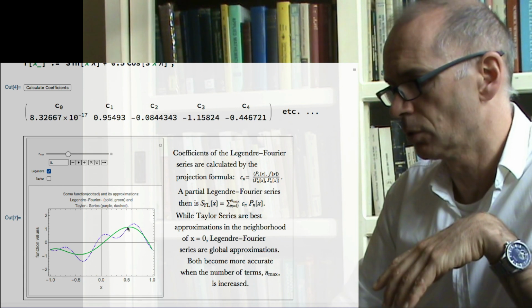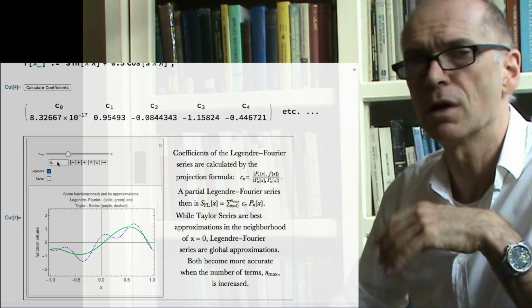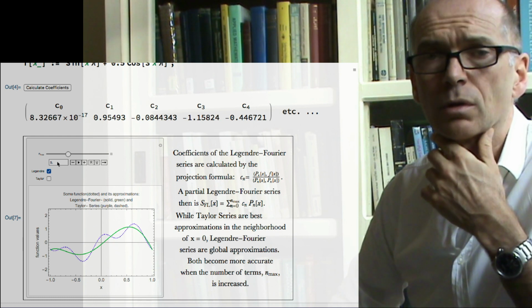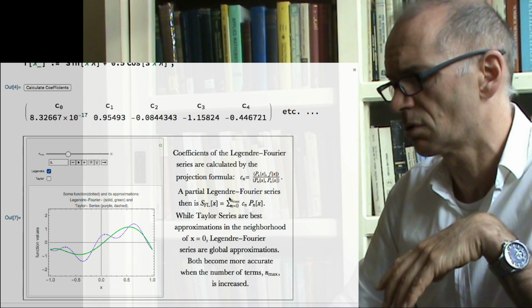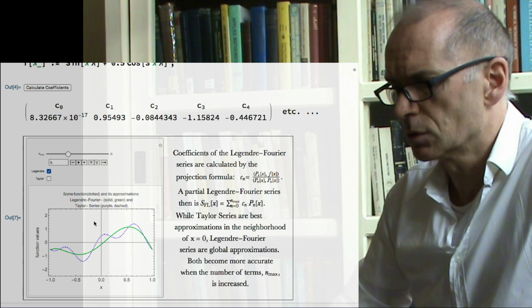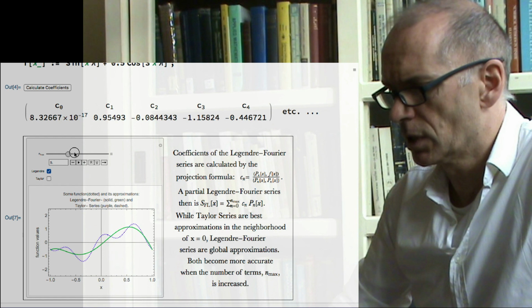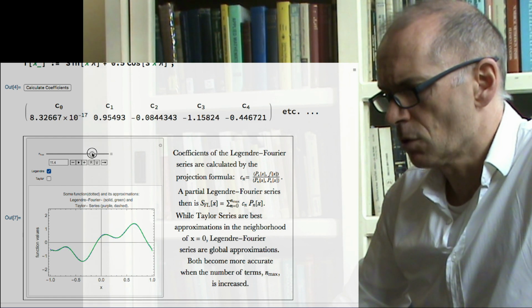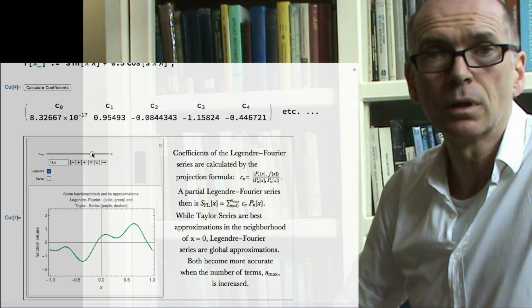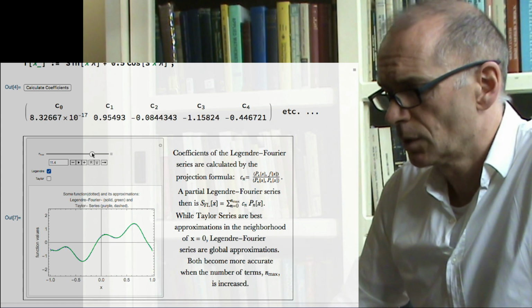And the Legendre series, the Fourier-Legendre series it is called, including 5 terms, looks like this. But let's see what happens if I increase the number of terms. If I have 10 terms or 11, I get a rather decent approximation.